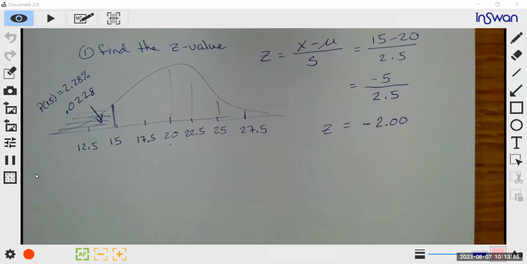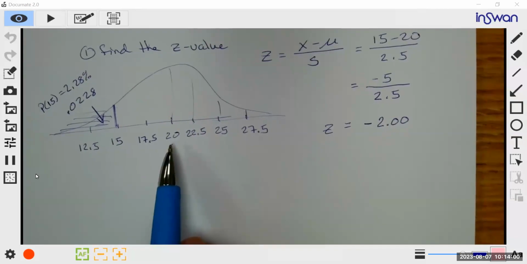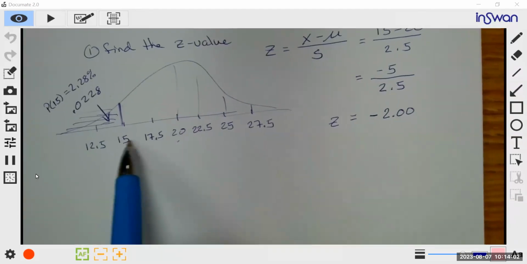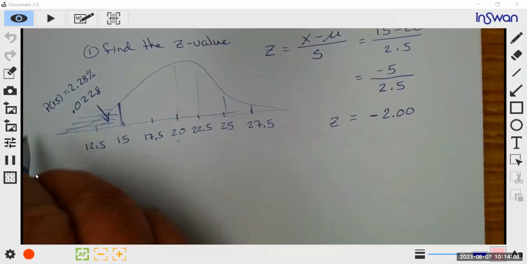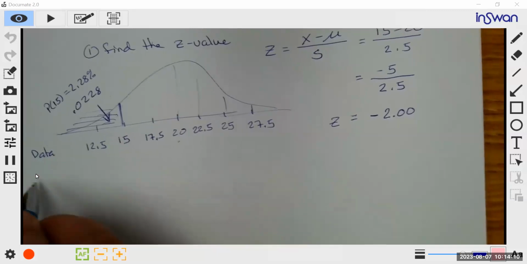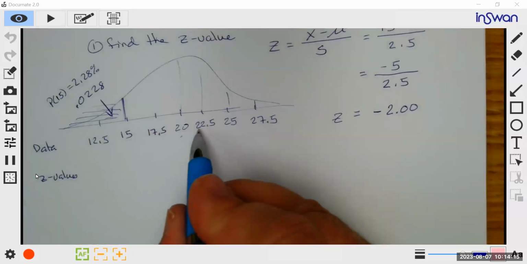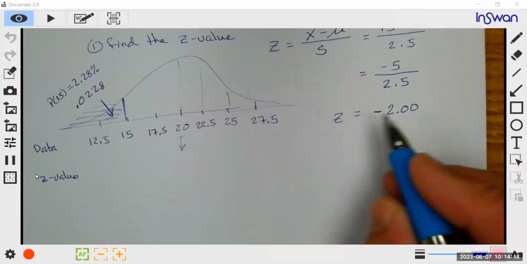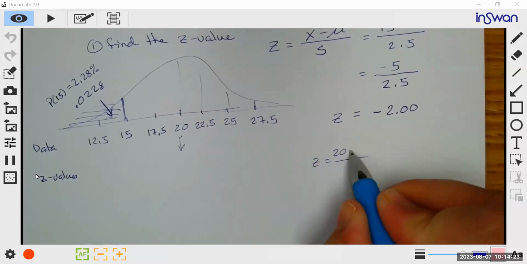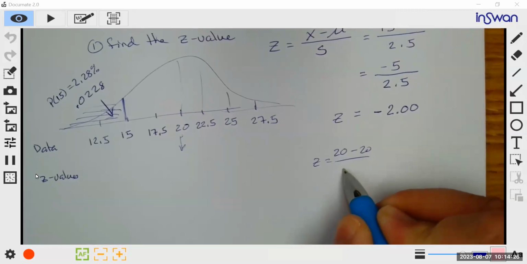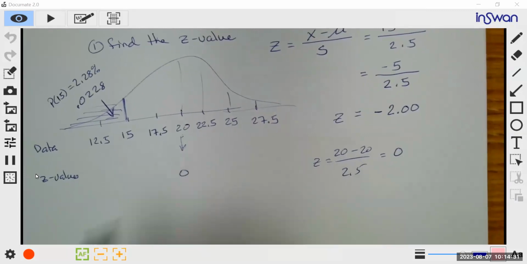Now, the question you should ask is, okay, I thought you said mean was supposed to be 0. Well, let's look at this. These are our actual data points. This is referring back to the data. Now, our Z values. Let's find this value here. So when X is 20 minus the mean, which is 20, over 2.5, it is 0. So that one is 0.